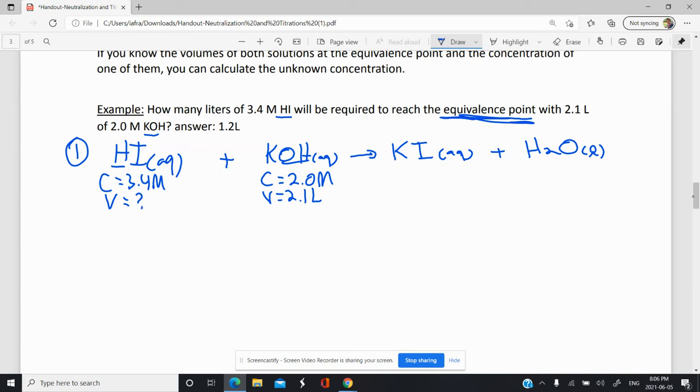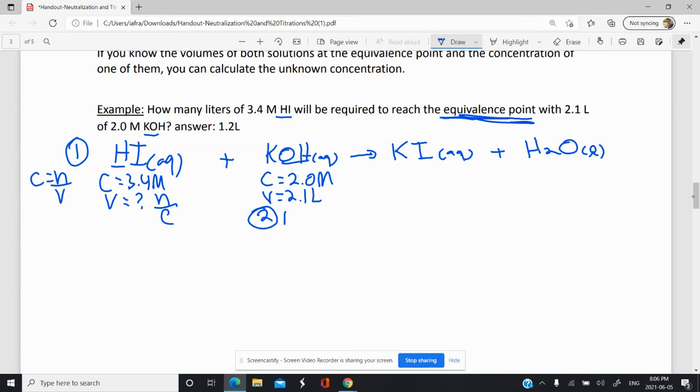Remember our formula, C is equal to n over V. So in other words, we want to find volume here. And we know volume can be found by doing n over C. So we need n. So what I'm going to do is, step one is write out my equation. Step two, let's find the moles of KOH, because we can do that.